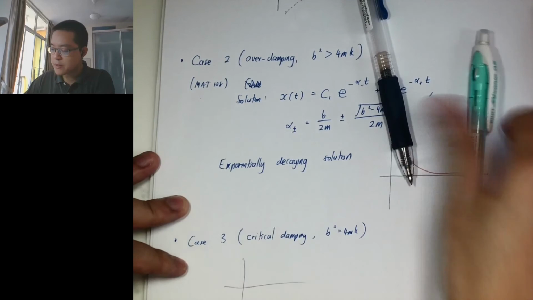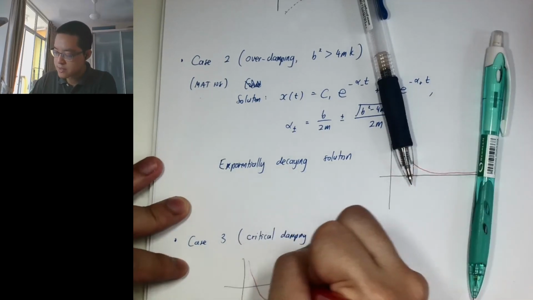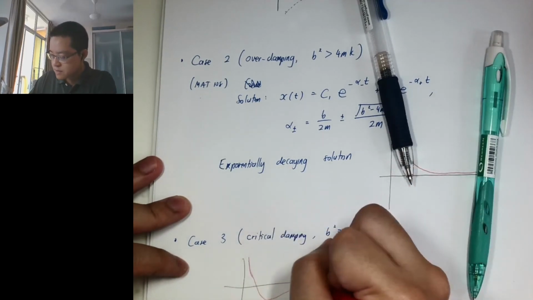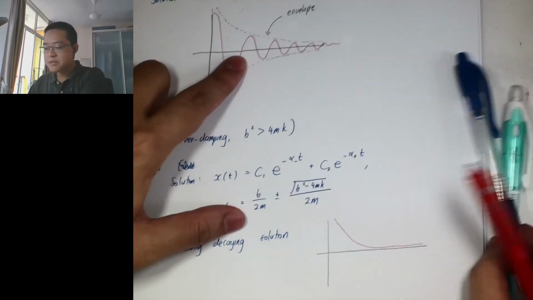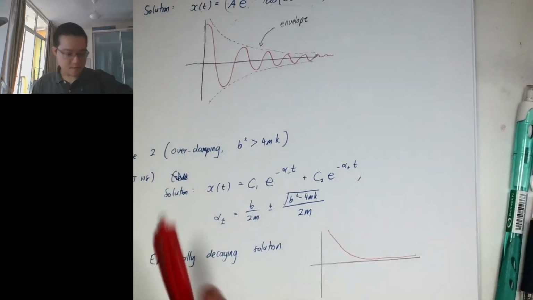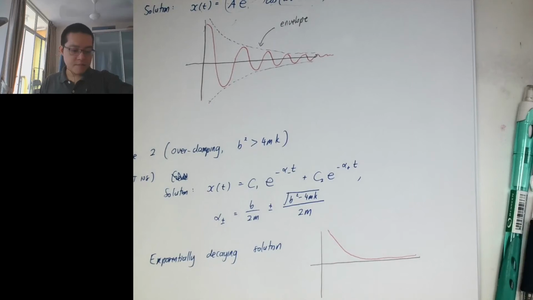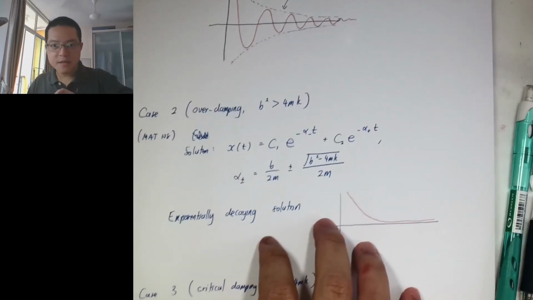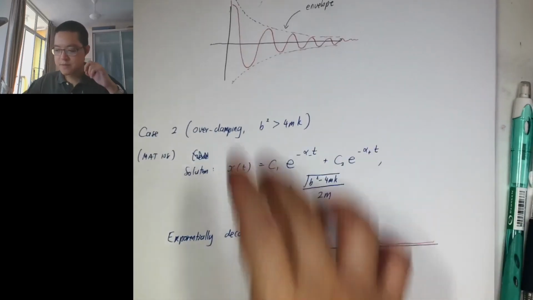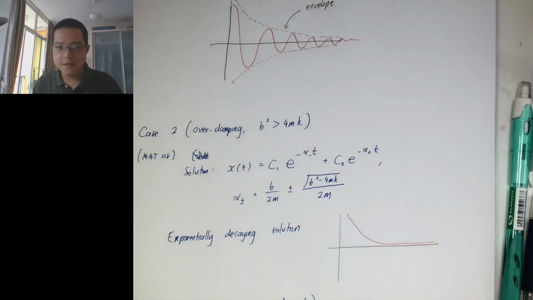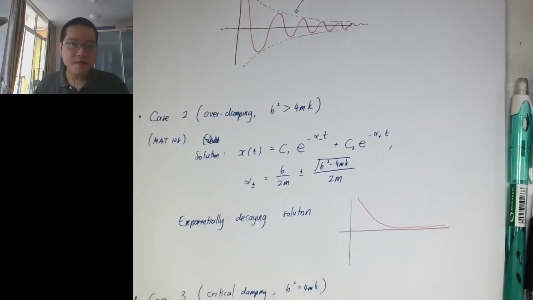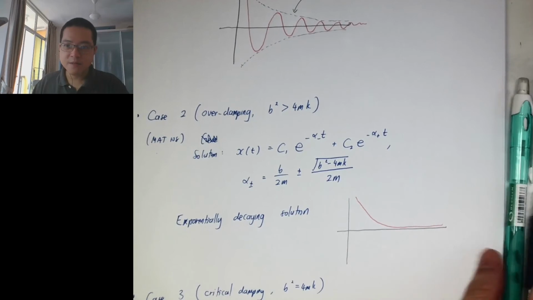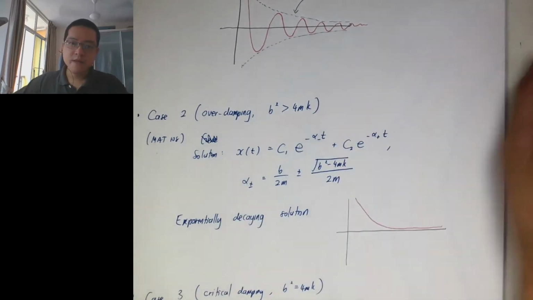If you plot the graph, it will probably look something like this, in between this and this. I will show you nicer looking graphs than what I drew later, because now I think it's a good time to take a break.